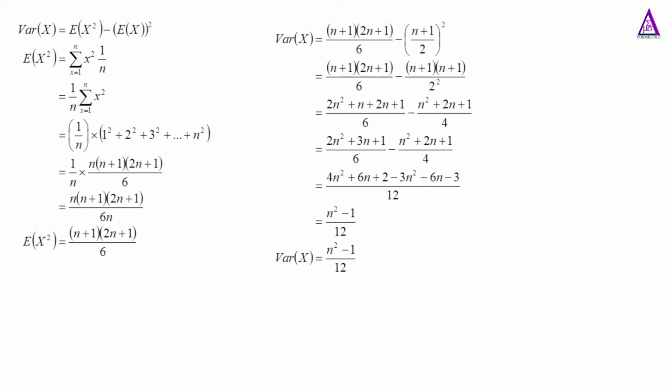Expanding 1 squared plus 2 squared plus 3 squared plus dot dot dot plus n squared, we obtain n(n plus 1)(2n plus 1), everything divided by 6. That's what we are going to obtain.